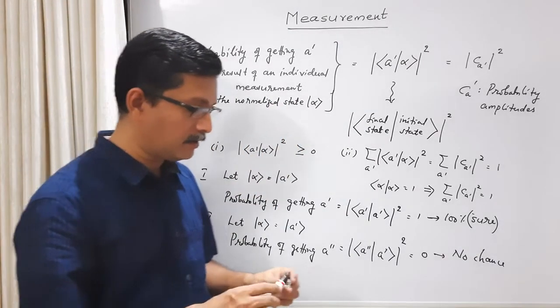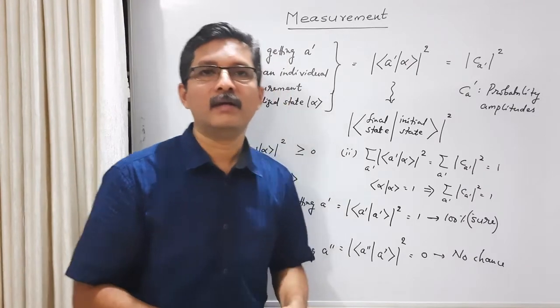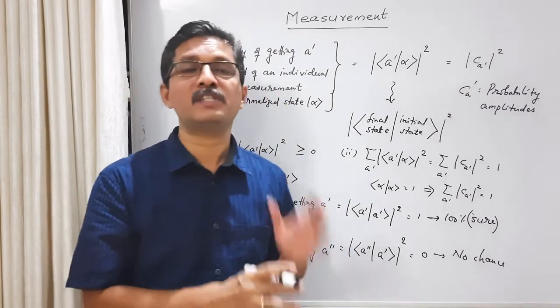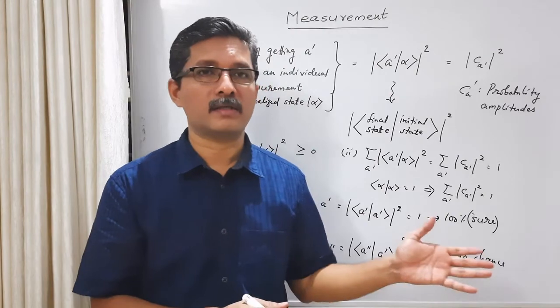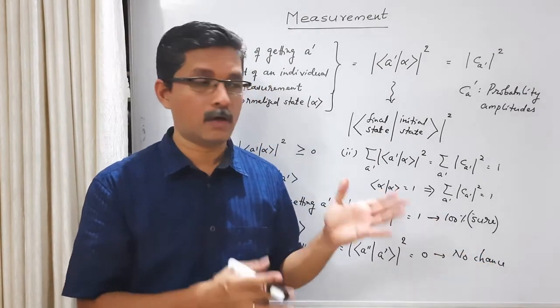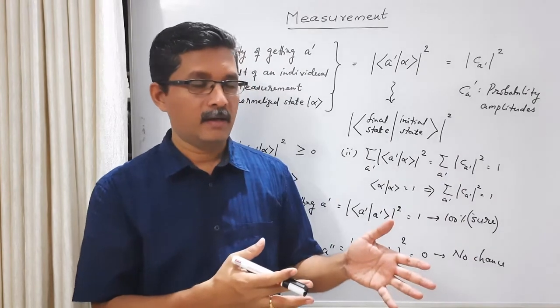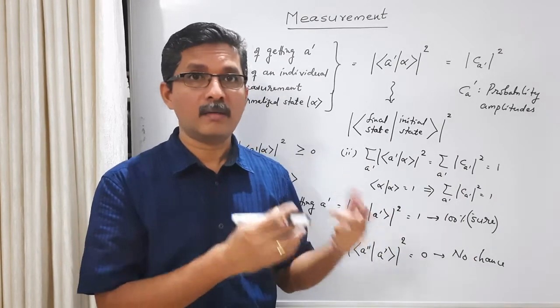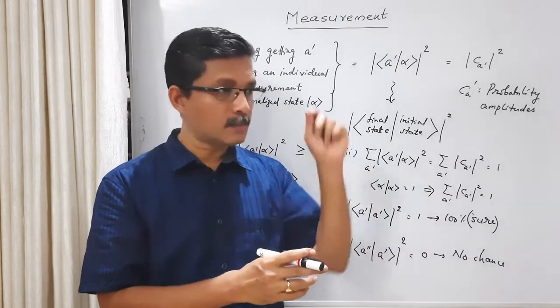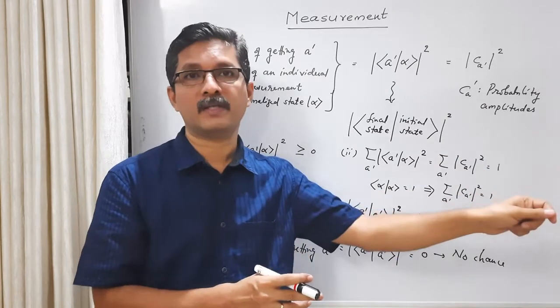So as I have stated earlier, we cannot predict which eigenvalue we are going to get as a result of a particular individual measurement. We cannot say whether it is A1 or A2 or A3 or A4. But we can predict the probability of getting A1. What is the probability of getting A2? What is the probability of getting A3?